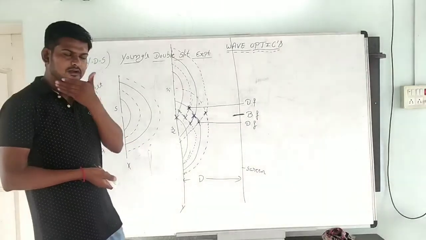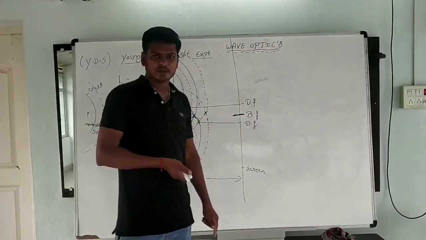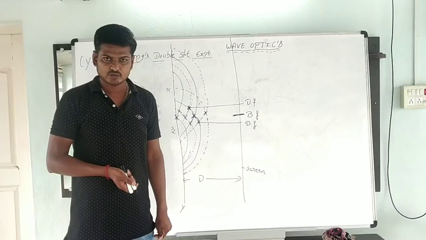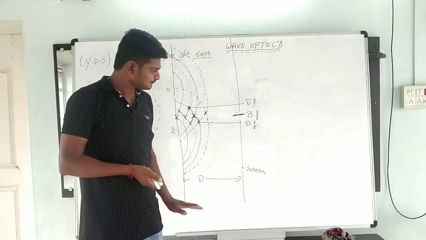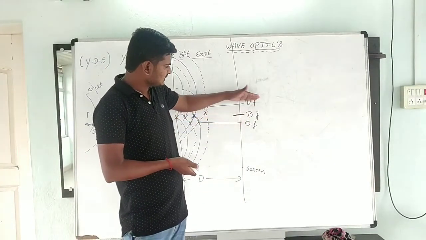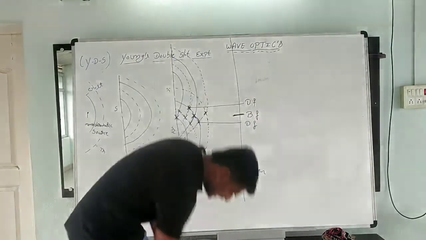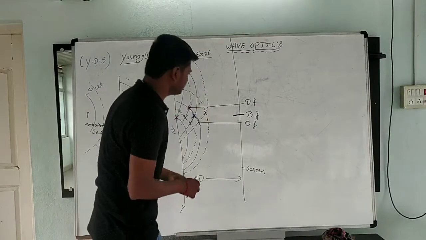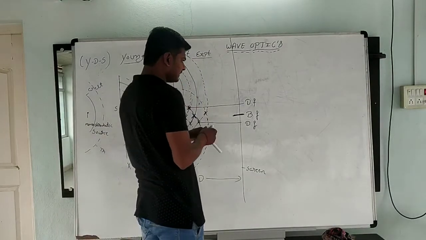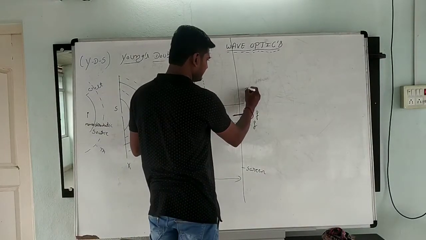He observed that at the center of the screen you will get the bright fringe. Above the center bright fringe, you will get alternate bright and dark fringes. Where crest meets crest and trough meets trough, it will be a bright fringe.